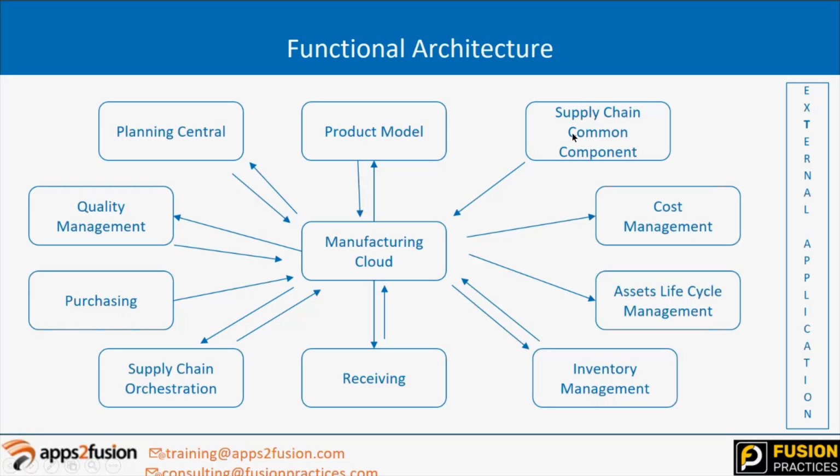These are all the common supply chain setups where you set up a plant, you set up all the plant parameters, you define your default sub inventories, you define your units of measure, what shifts your resources are available, and when they are working, how many resources you have. All these are like the common components.